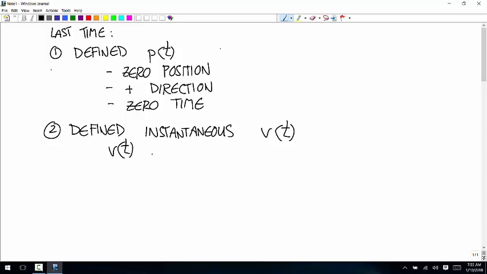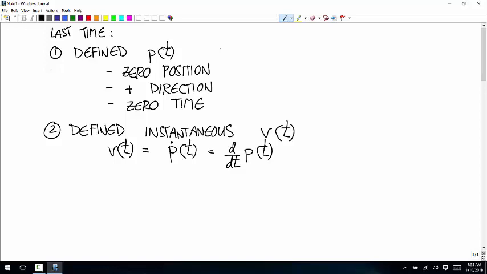And v of t is just equal to the time derivative of the position, so p dot or d/dt of the position function. Okay.